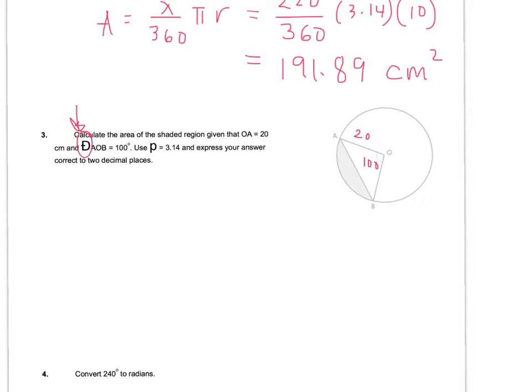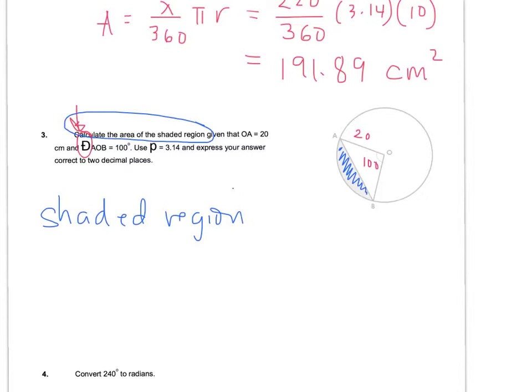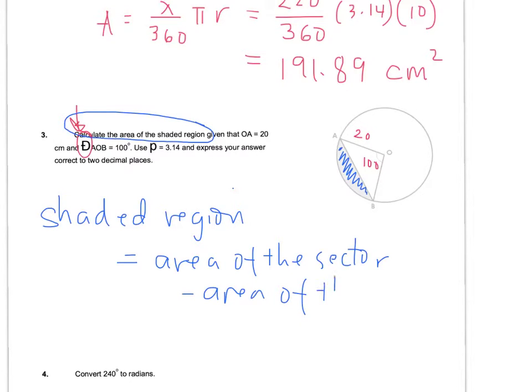So what we want is the area of the shaded region. But take note that the shaded region is only this. If we analyze it, the shaded region is basically the area of the sector minus the area of the triangle.